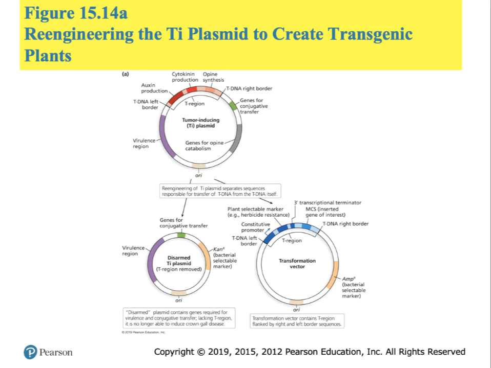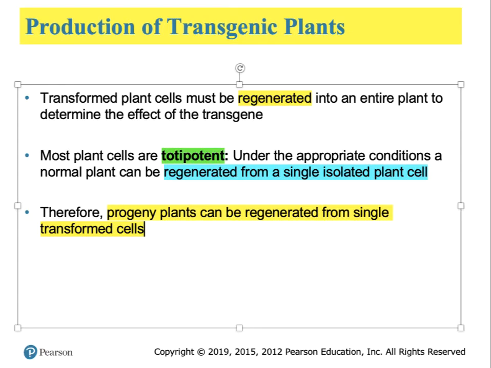4 slides. In order to investigate the competency of your experiment, you have to grow the transformed plant cells into an entire plant in order to see the effects of the experimental outcomes. Luckily for us, most plant cells are totipotent. That means they contain all the information necessary to form a complete plant, and therefore they can be regenerated from these transformed cells.